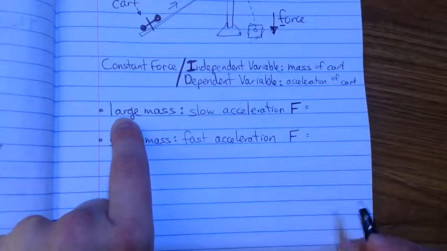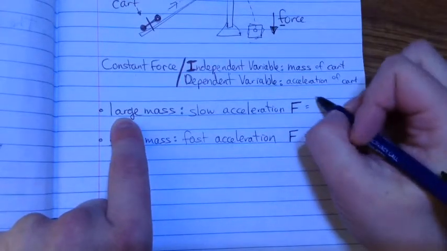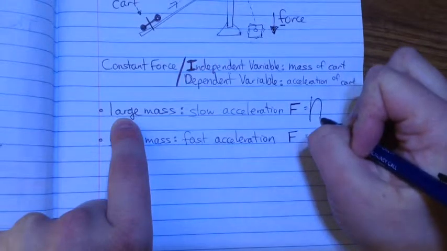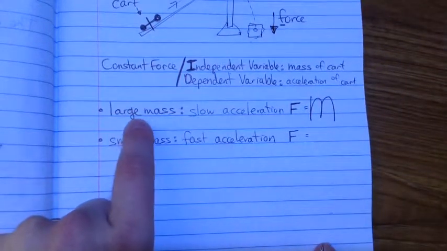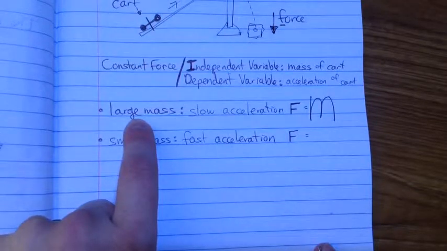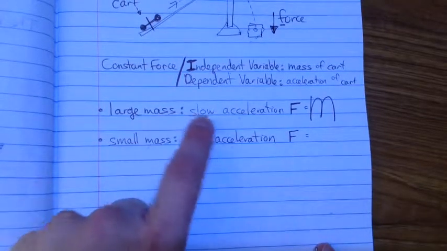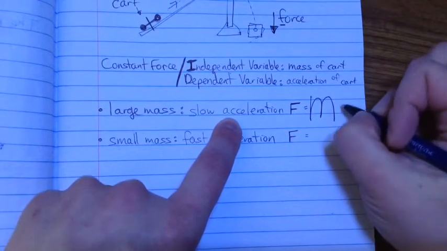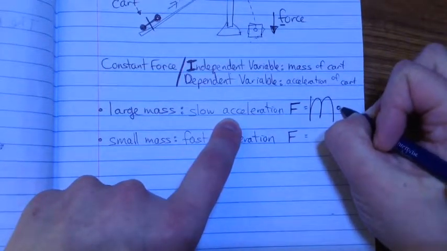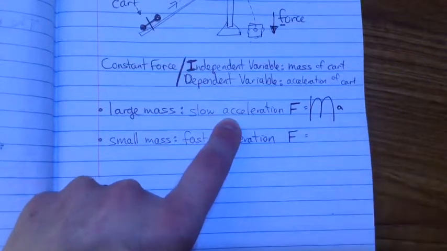So I want you to draw a lowercase m, but I want you to draw it big. Draw a big lowercase m to represent a large mass, the two plates on the cart. When that happens, how does that affect the acceleration? Smaller. A slow acceleration or a small acceleration. So I want you to draw a small lowercase a.